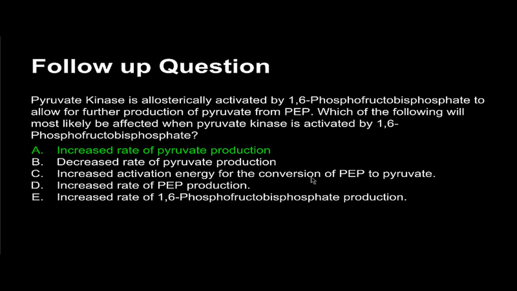You have to understand that in the question it says, if you're not familiar with this enzyme, to allow for further production of pyruvate from PEP. So PEP is the reactant, pyruvate is the product. So if I'm activating the enzyme that allows this reaction to continue, I am going to get a decreased concentration of PEP.